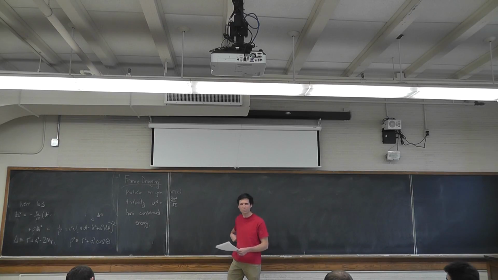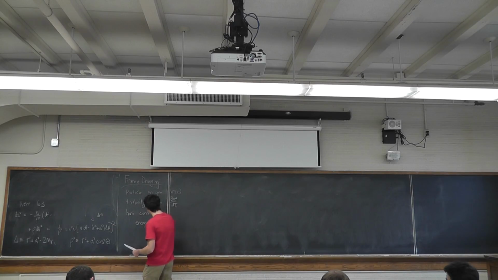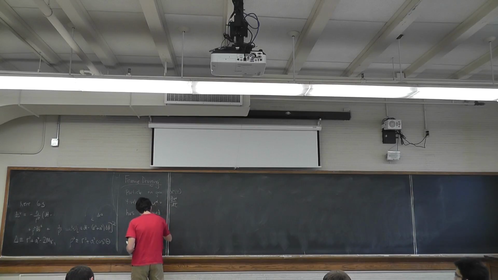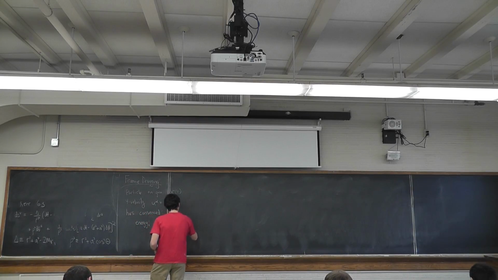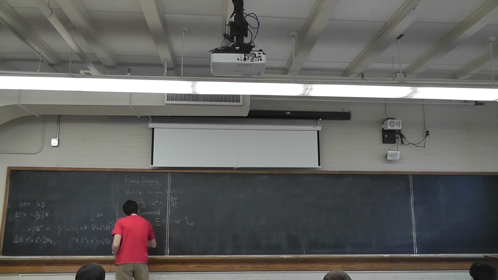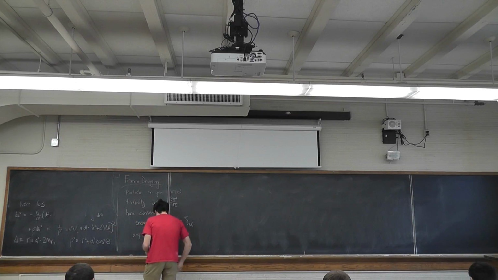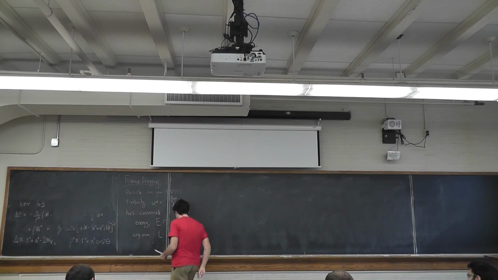There turns out to be another one, which I'll talk about. But for now, the energy E is minus u dot xi_t, and the angular momentum L is u dot xi_phi.